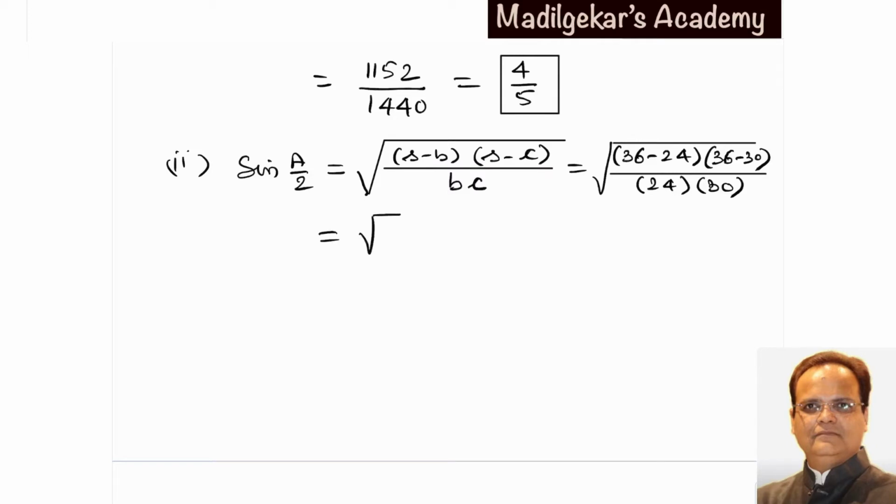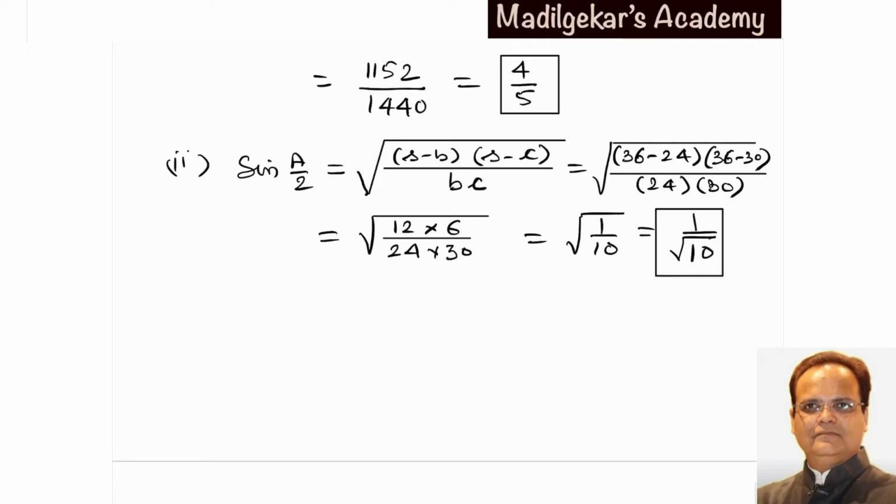That is square root of 36 minus 24, that is 12, 36 minus 30 means 6, upon 24 into 30, which gives root 1 by 10, means 1 by root 10. So this is sin of A by 2.